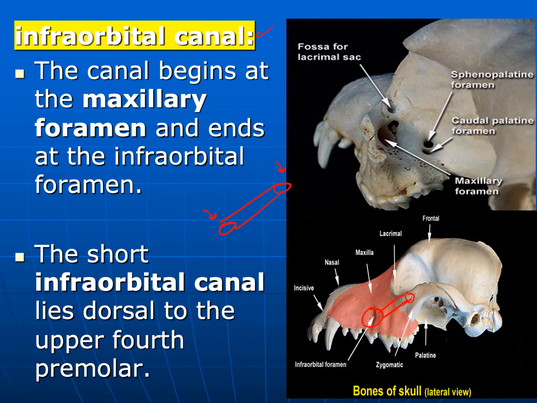The opening in the bony orbit is called the maxillary foramen, whereas the opening outside we call the infraorbital foramen. This one here leads to the infraorbital foramen. This canal is found in the bone, so we call it the infraorbital canal. As I said, this canal is the exit for the infraorbital artery, vein, and nerve.